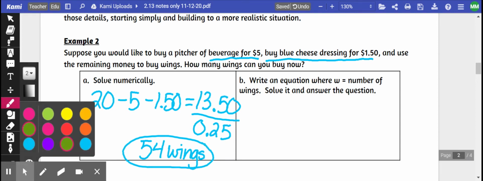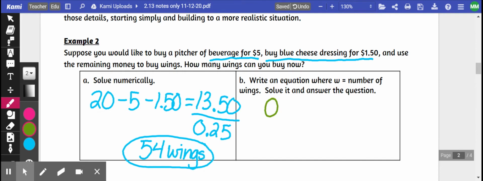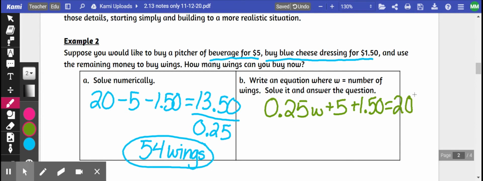When we do our equation, it's going to look really similar to what we had in the first example, where we have 0.25W plus 5, but now we're also going to include the $1.50, and that will equal 20. If you prefer, you can add those two numbers together.